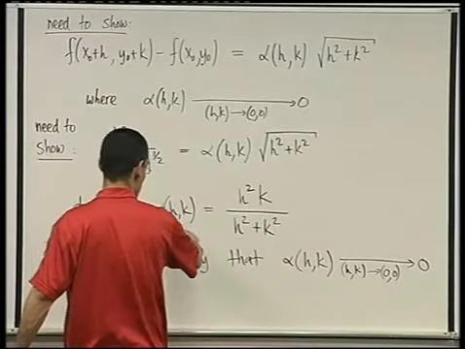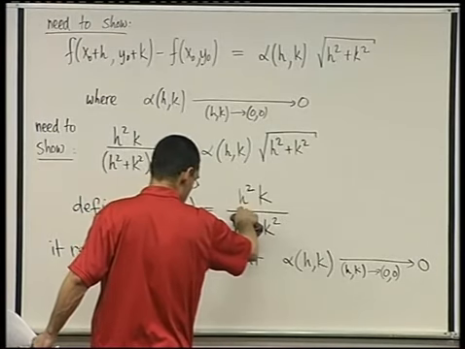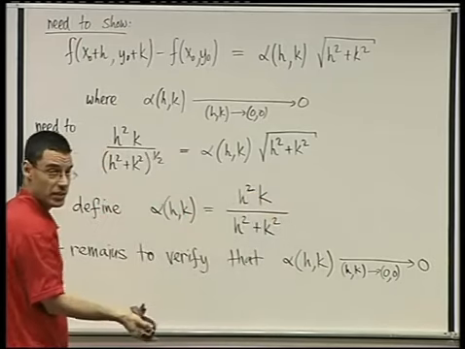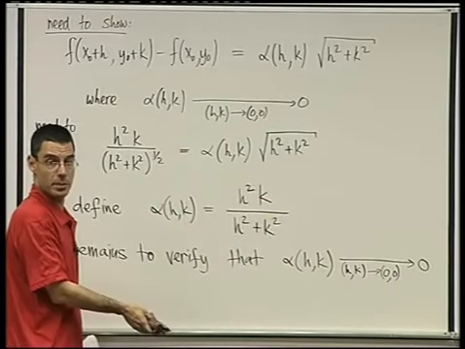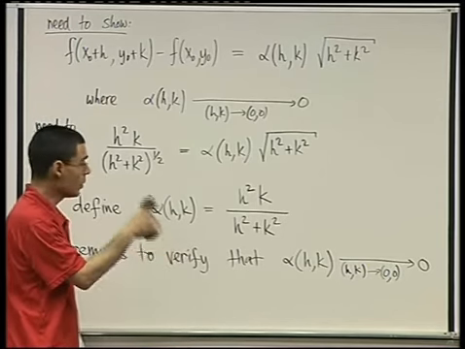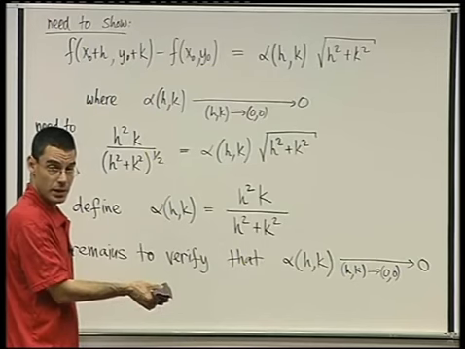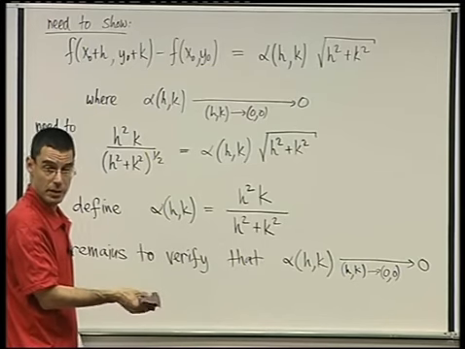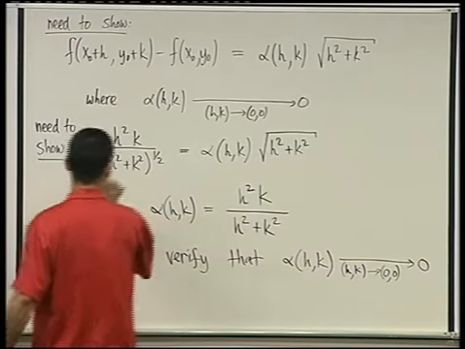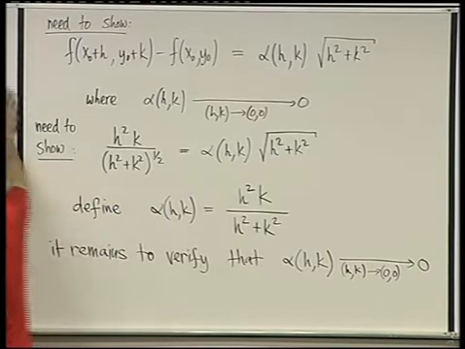So I'm going to write h equals r cosine theta, k equals r sine theta, and hope that it breaks up into some function just of r times some function just of theta, where the function in r tends to 0 and the function in theta is bounded. Remember that? Let's erase here.